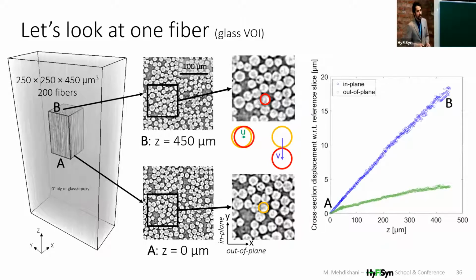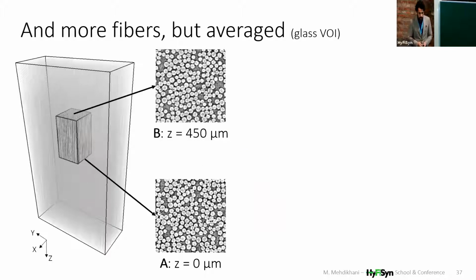If we do this with DIC, we can plot this U and V for each slice through this stack. And if we also manually measure this U and V, we see that the numbers that we get, for example, for the last slice, are in quite good match with our DIC results. Now we can look at more fibers, but on average.